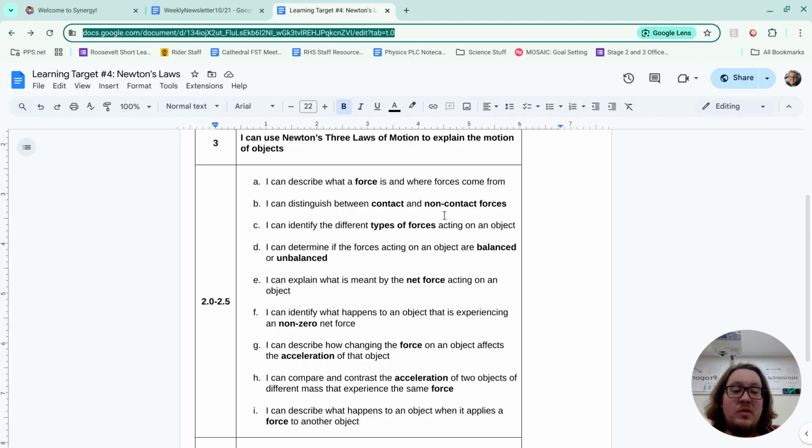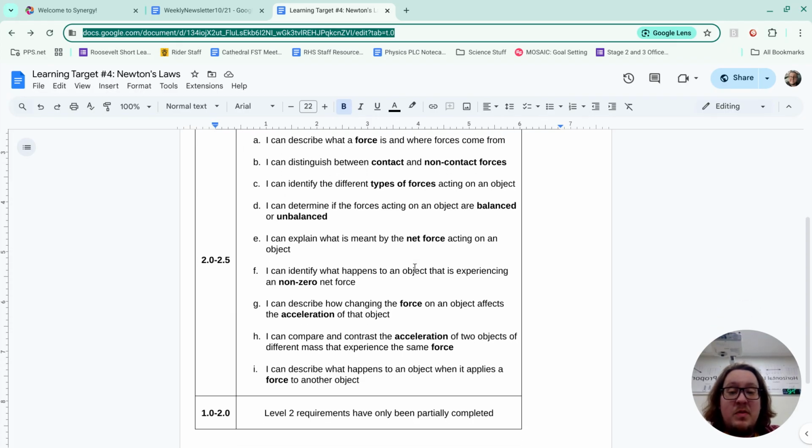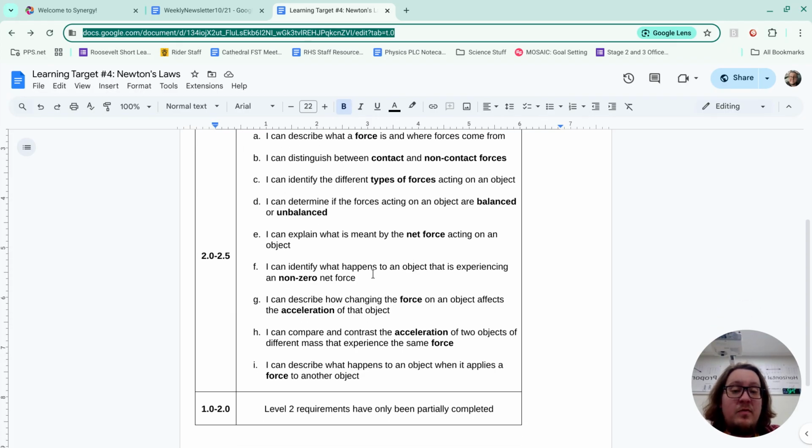Types of forces, so you have electromagnetism, gravity, normal force, which is like a pencil sitting on a table, things like that. If they are balanced or unbalanced, which just means if it's balanced, it's not moving. If it's unbalanced, it is moving. Net force, that's the total force that's moving something. A non-zero force, again, means it's moving.